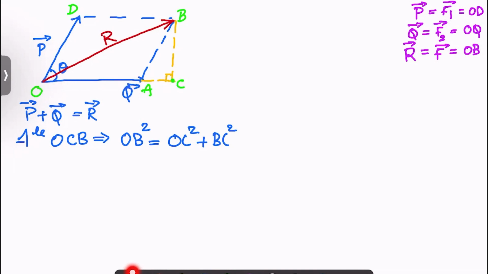What are they? OA and AC. So let's split this into two.